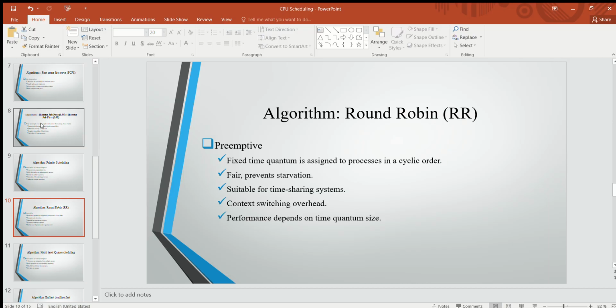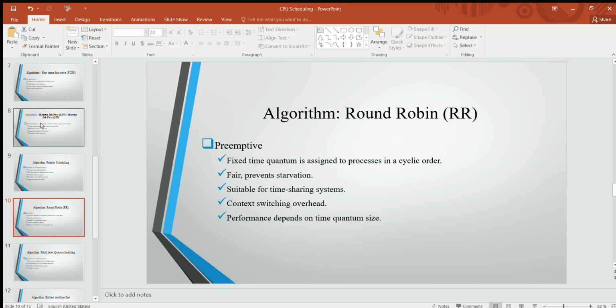The time slice could be, let's say, 4 milliseconds. Once the process gets it, it goes through its execution for 4 milliseconds, depending on the number of bursts it has. Then it is switched over to the next one.